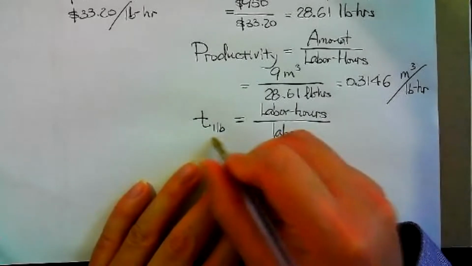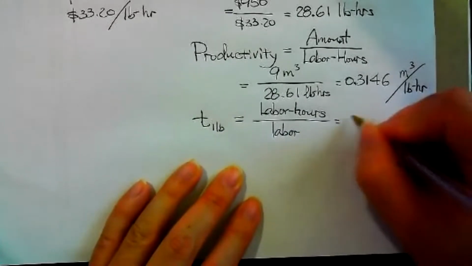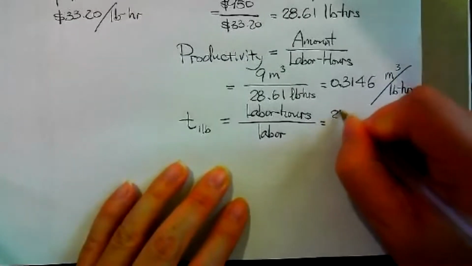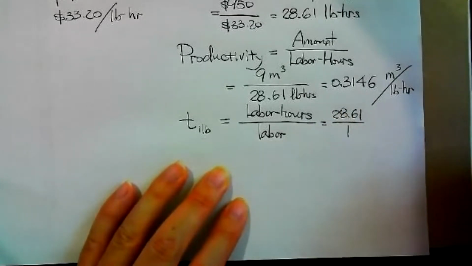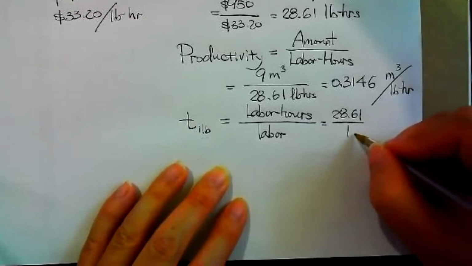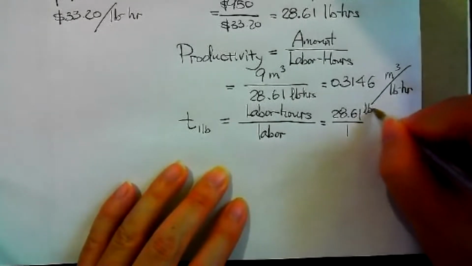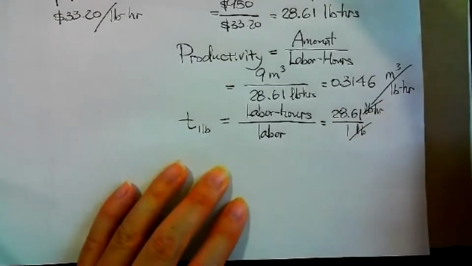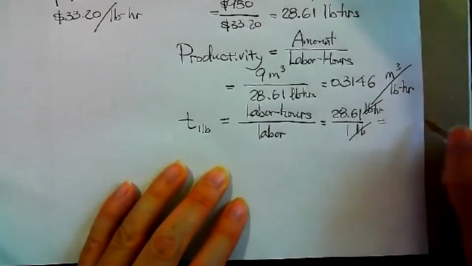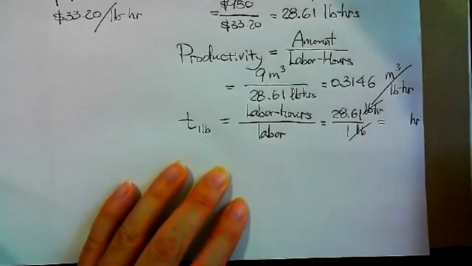This one shows you 1 labor. So this one is 28.61 divided by 1. This is labor hour divided by labor. So you can see labor hour divided by labor. Labor canceled out. Left over is how many hours?